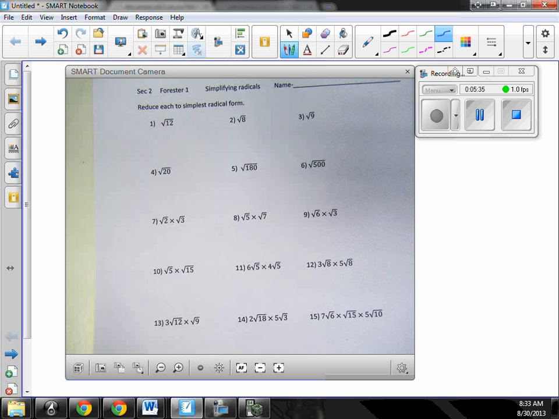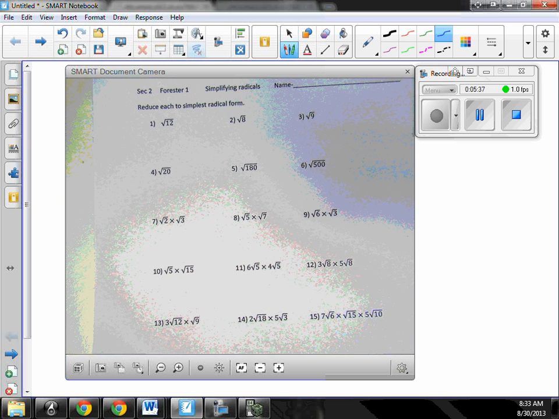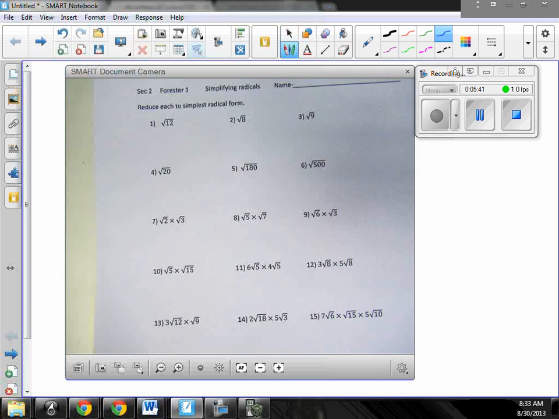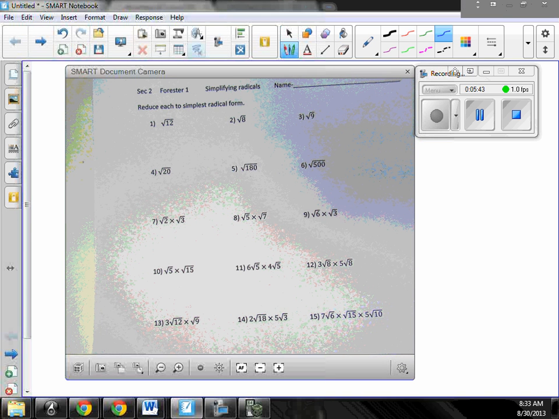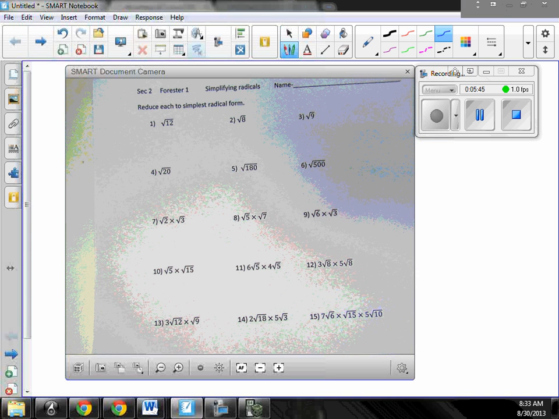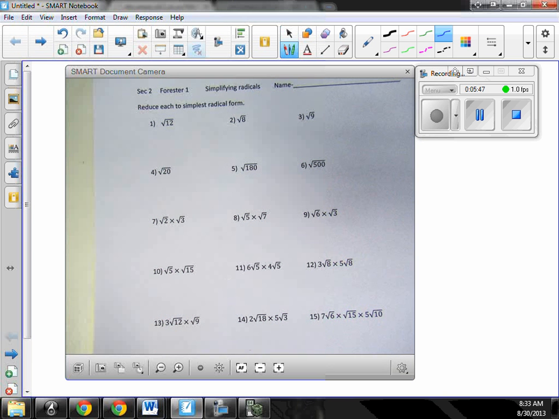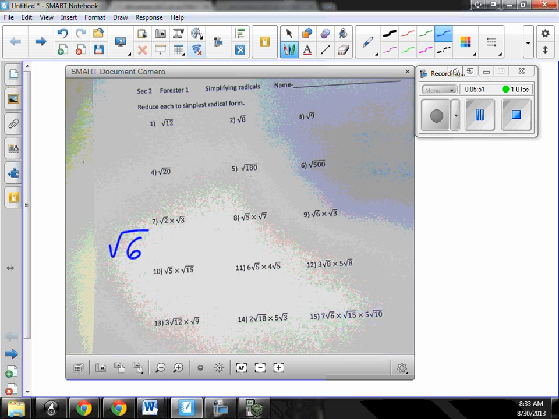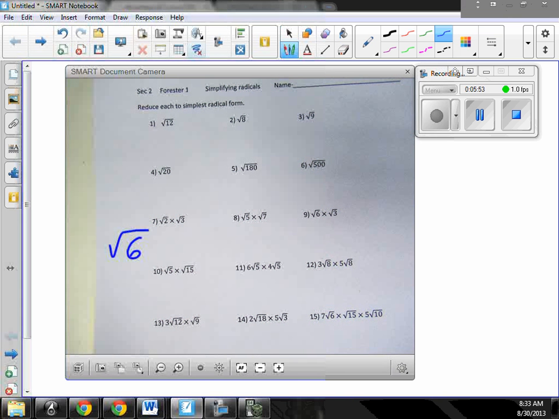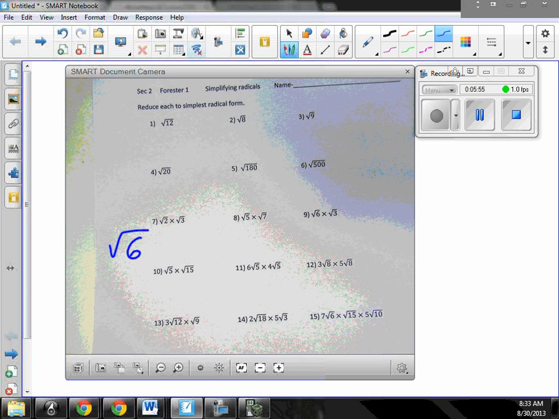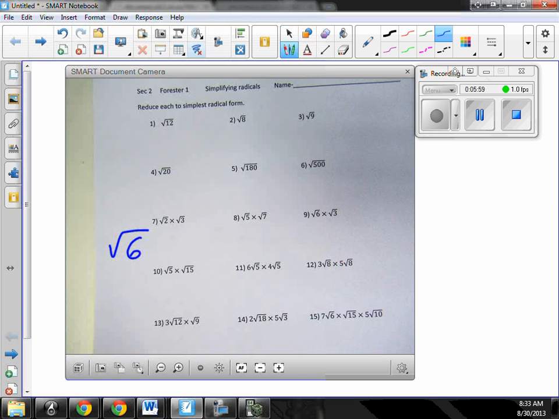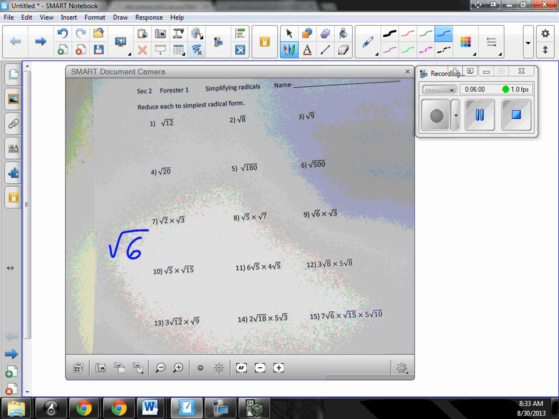How do we simplify number 7? Right, 2 times 3 is 6, so it's just the square root of 6. Why is that allowed? You're half right. They are both radicals, but that's not enough.